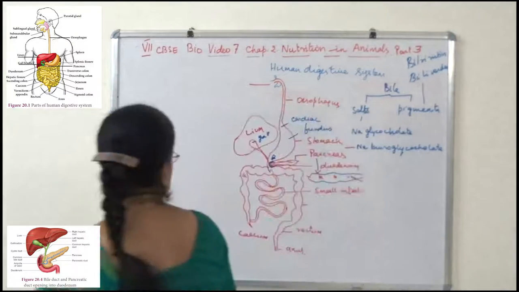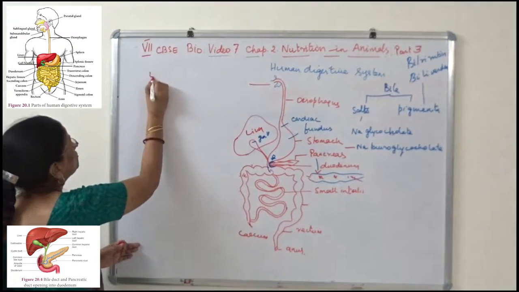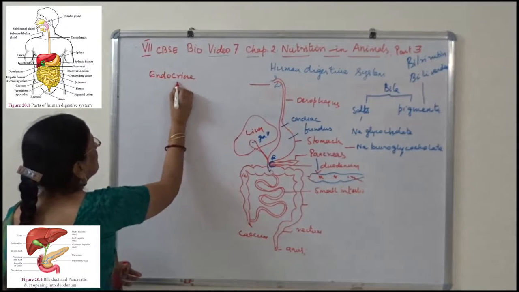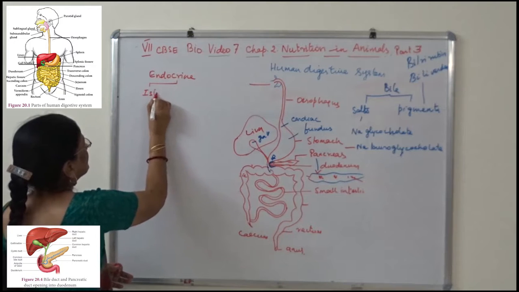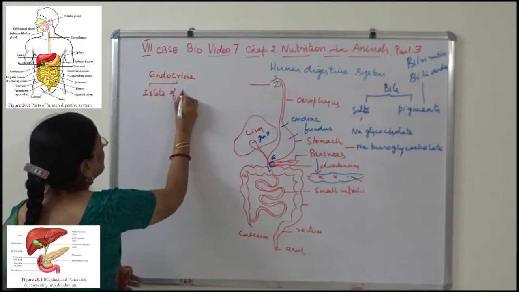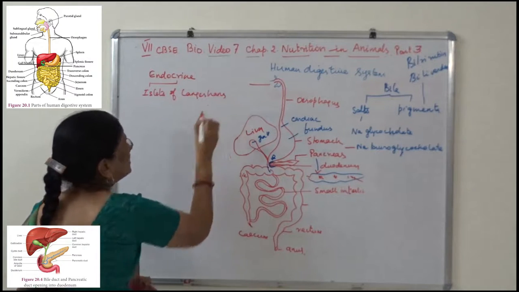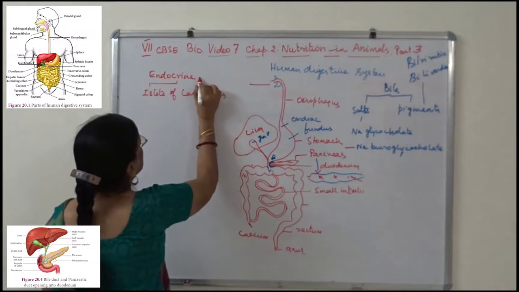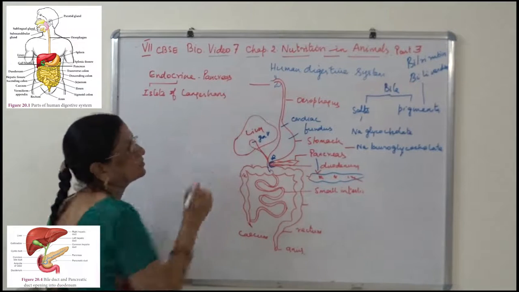Now the pancreas also acts as an endocrine portion, the endocrine pancreas, as islets of Langerhans. I am going into a little detail here. The endocrine pancreas is called islets of Langerhans.